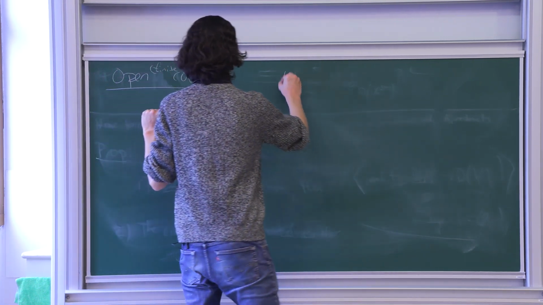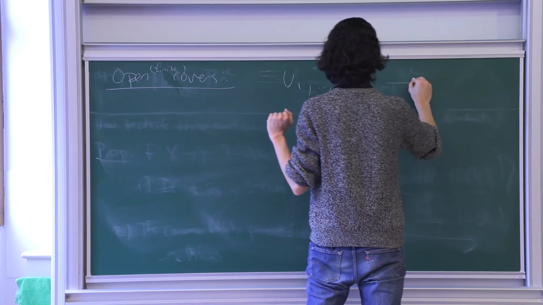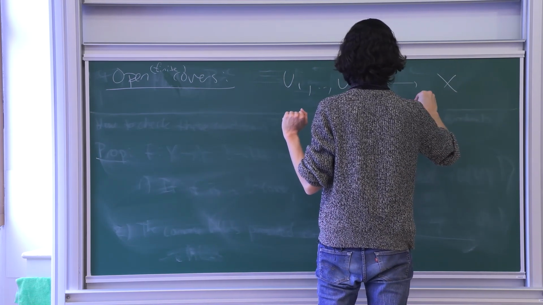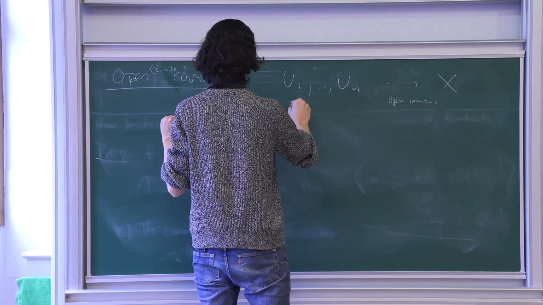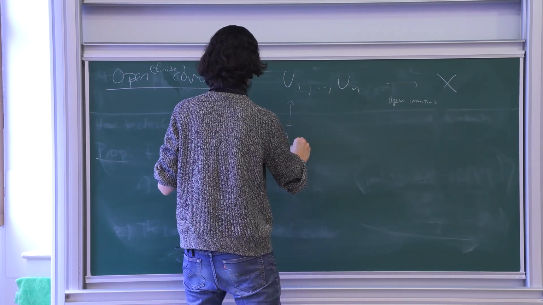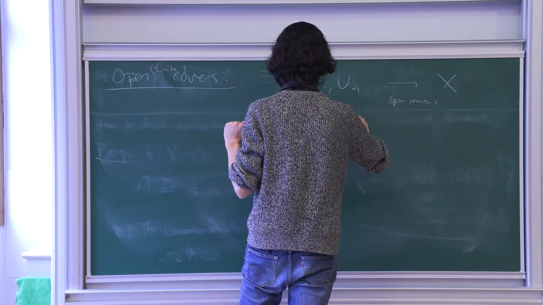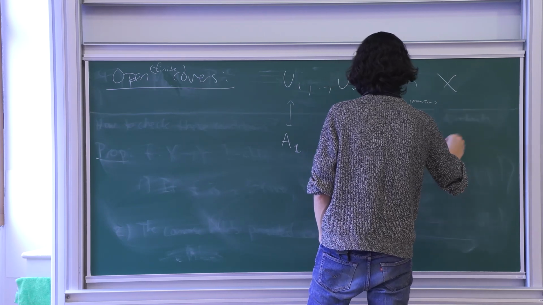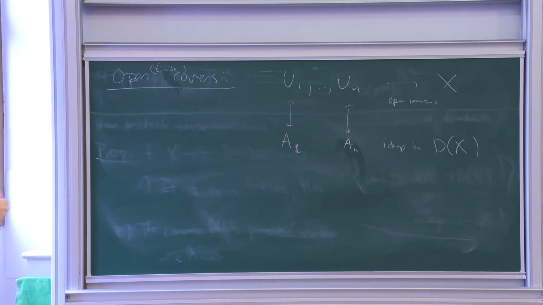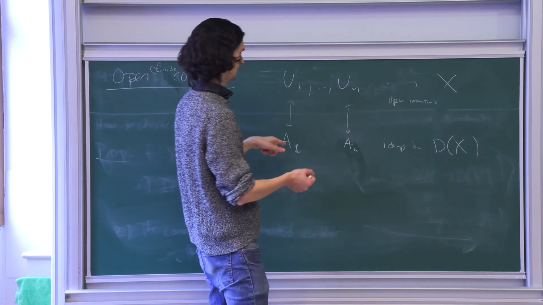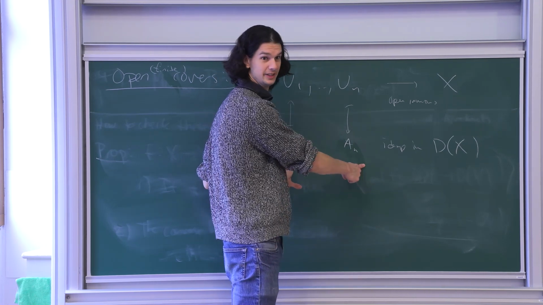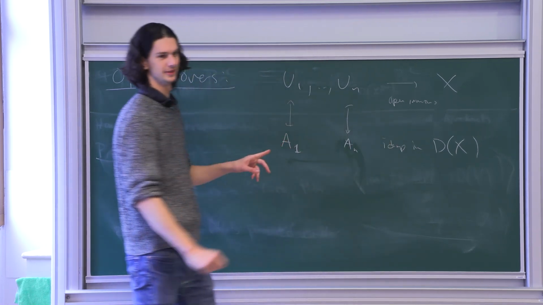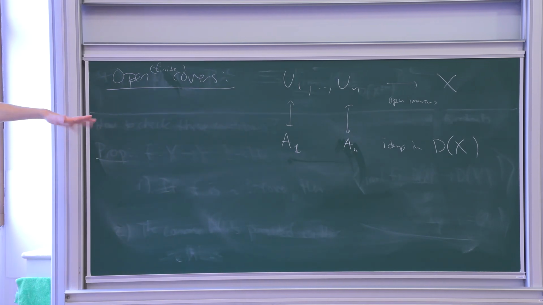So let's say we have U1 up to UN, again, mapping to X by open immersions. And let's say that the complementary closed of U1 is described by an idempotent algebra A1, and so on up to AN, so these are idempotent in D of X. Then intuitively speaking, these open subsets should form a cover of X if, when you take the intersection of all these guys, or the intersection of all the corresponding closed complements, you get the empty set.